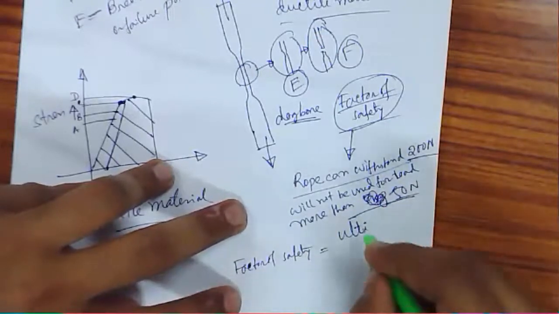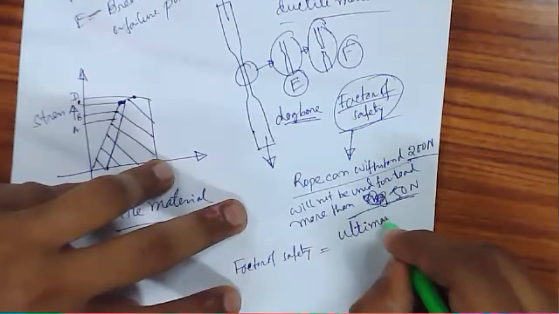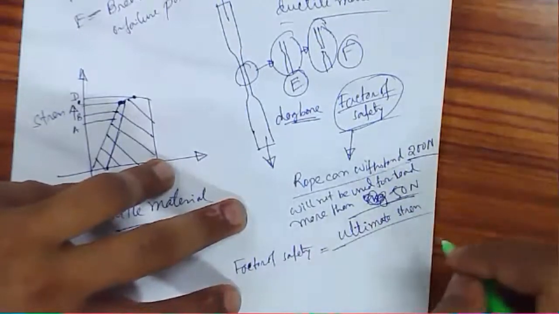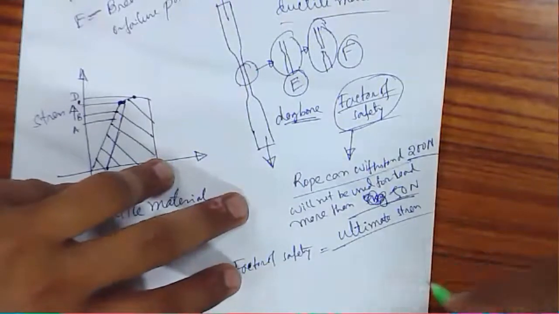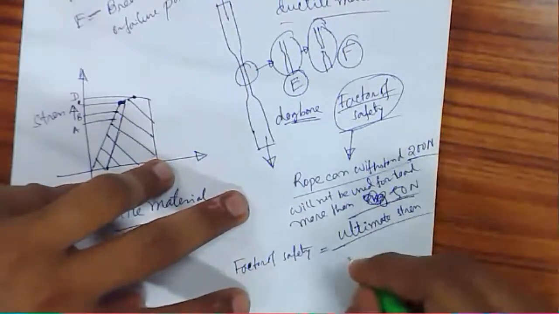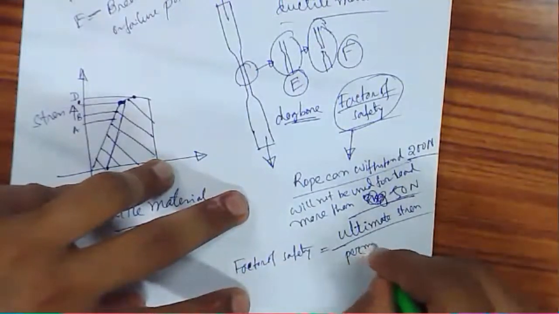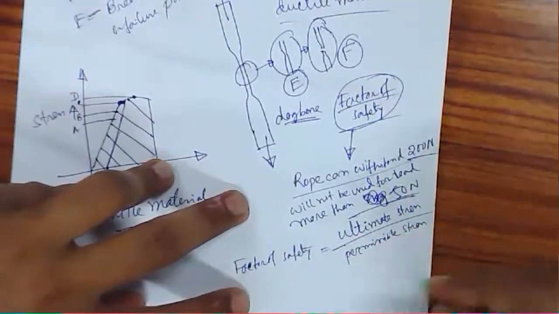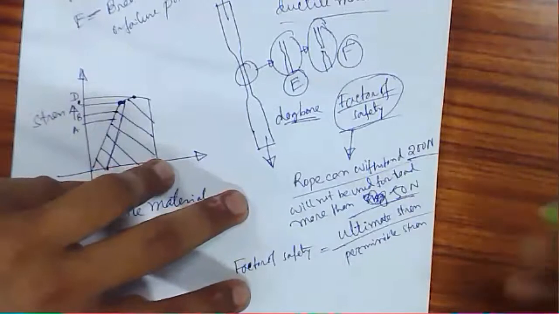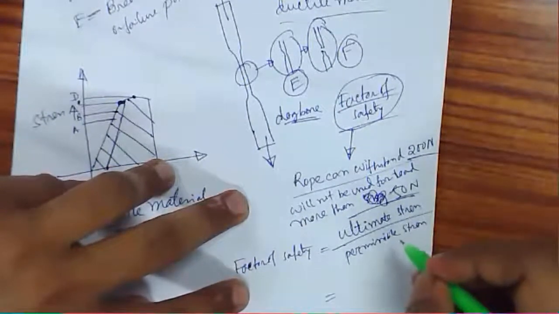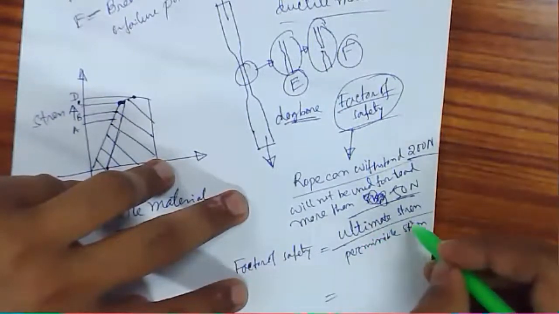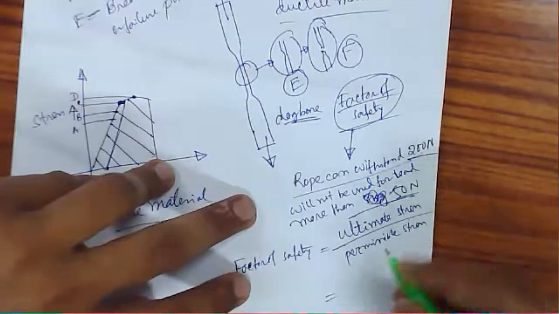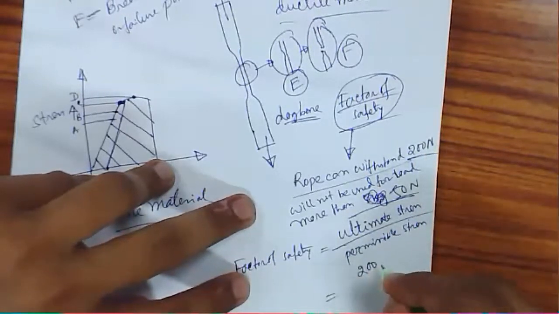So then factor of safety will be ultimate stress, or the ultimate capacity or the maximum capacity, divided by permissible stress or permissible load. This ultimate value is how much load we will use, 200 Newton.